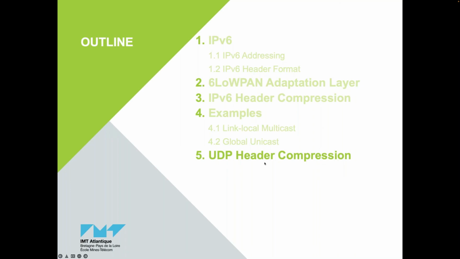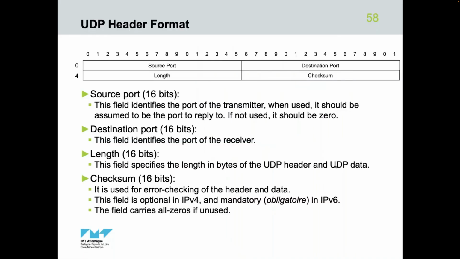Thank you. The last section here is dedicated to the UDP header compression. This is the typical UDP header format. We have the source port, the destination port, the length, and the checksum.